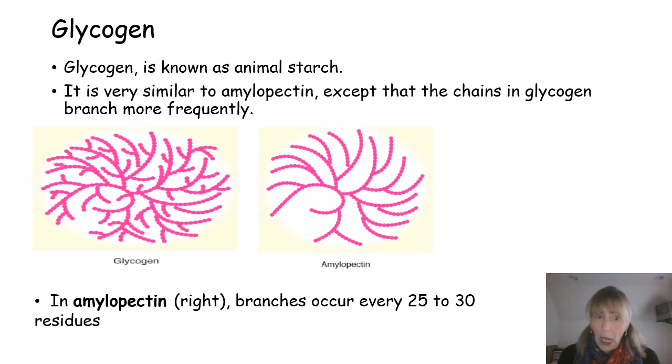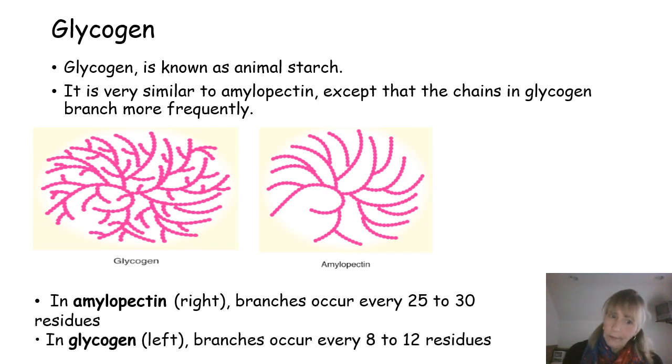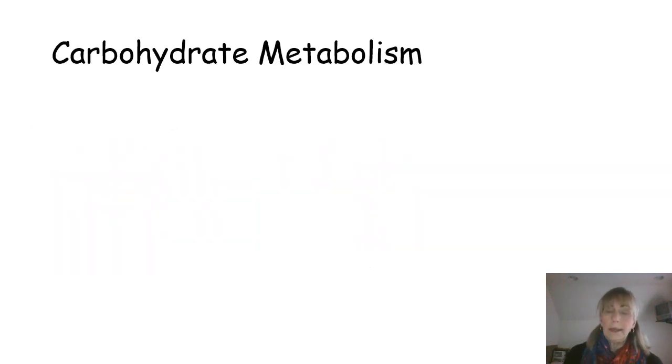But with glycogen on the left, the branches are occurring more often, every 8 to 12 residues. Which means we can hydrolyze them and get even more glucose for energy.